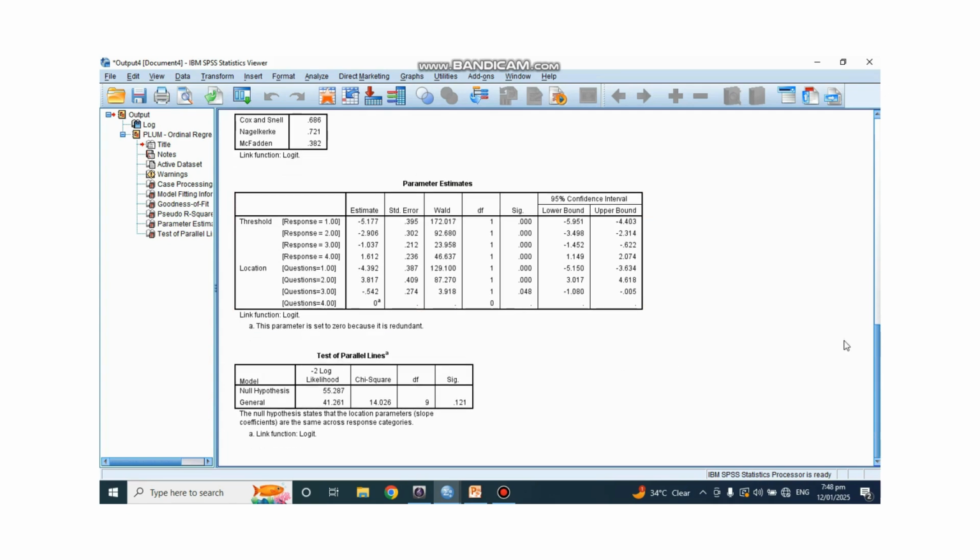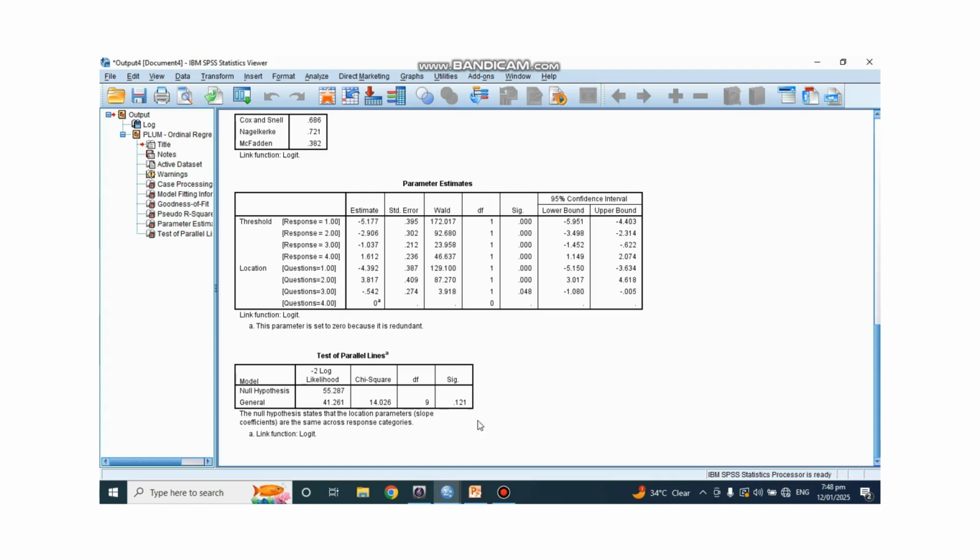All right, now let's go to the test of parallel lines. The test of parallel lines checks the proportional odds assumption. Remember, when we were talking about the assumptions for ordinal regression, we said that we also look at the proportional odds assumption. This is about whether the relationship between the predictors and the odds of the outcome is consistent across response categories.